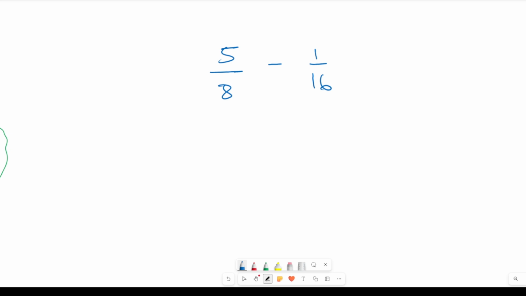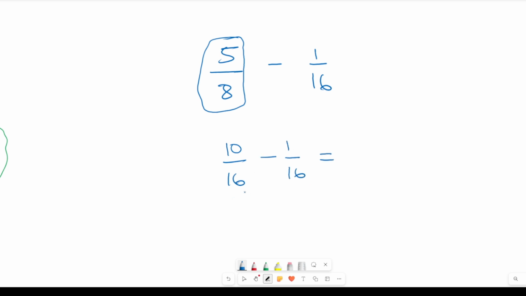This is a very simple example. 8 and 16 are multiples, so I can easily find an equivalent fraction of that one such that its denominator is now similar to the other one. So if I multiply both parts of the fraction by 2, I'm going to get 10 over 16. 10 over 16 minus 1 over 16.